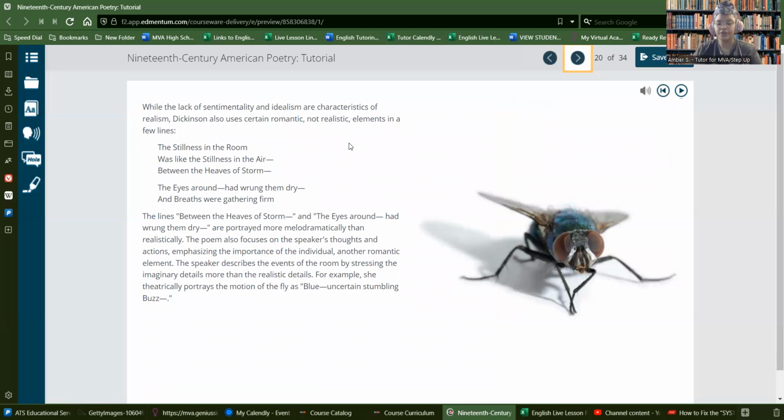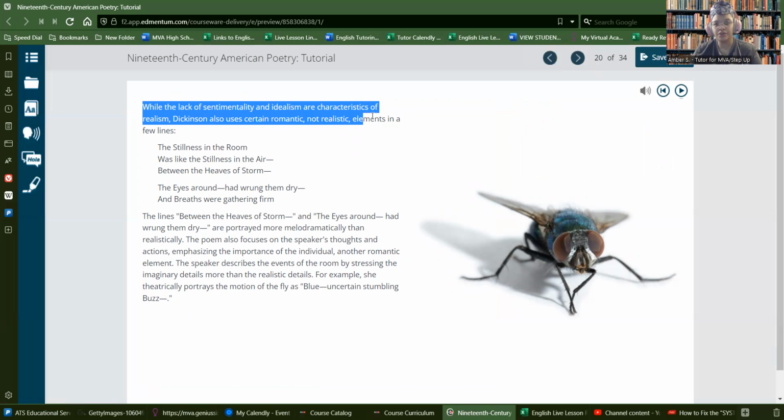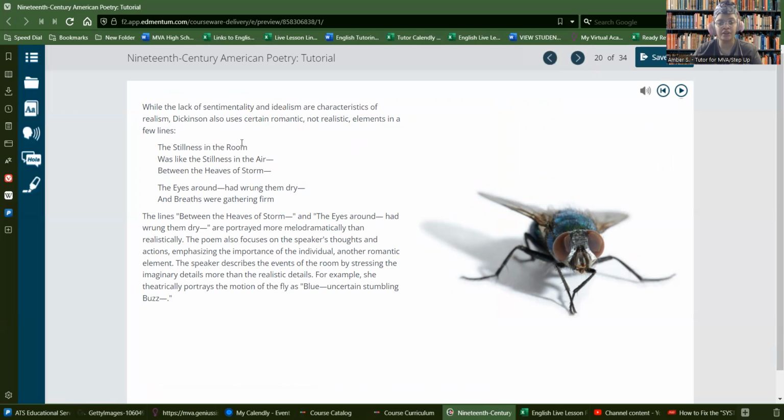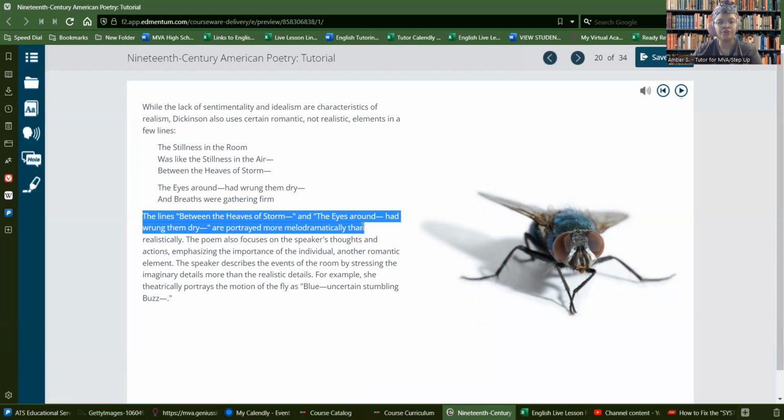And then they give you the romantic side of things. So while the lack of sentimentality and idealism are characteristics of realism, Dickinson also uses certain romantic or not realistic elements in a few lines. And they give you the excerpt of that. So the lines "between the heaves of storm" and "the eyes around had wrung them dry" are portrayed more melodramatically than realistically.